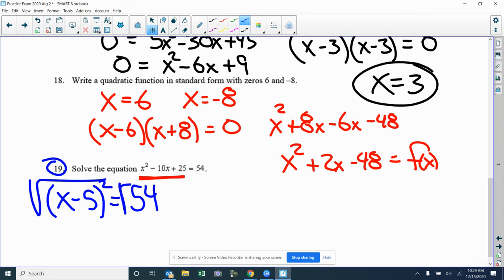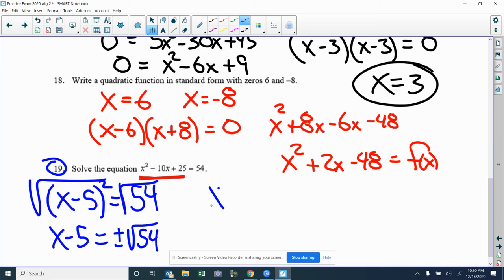Now we're taking the square root of both sides. We're going to have x minus 5 equals plus or minus square root of 54. I'm going to simplify square root of 54. I've got to see if there's anything that comes out of there. And it's 9 times 6. 9 is a perfect square.